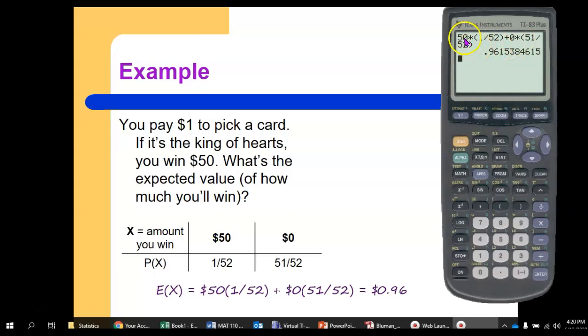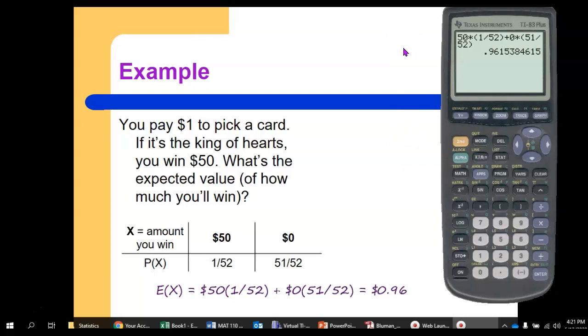Here's the calculation on the calculator. 50 times 1 over 52 plus 0 times 51 over 52 actually comes out to be 0.961538 something. But if you round it to 2 places after the decimal point, which makes sense because we're talking about money here, so to the nearest whole cent, that would be 96 cents.